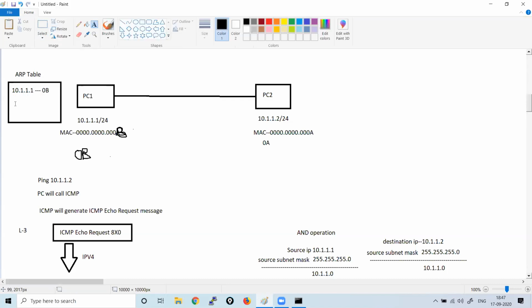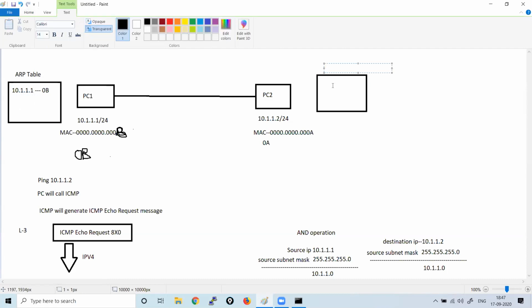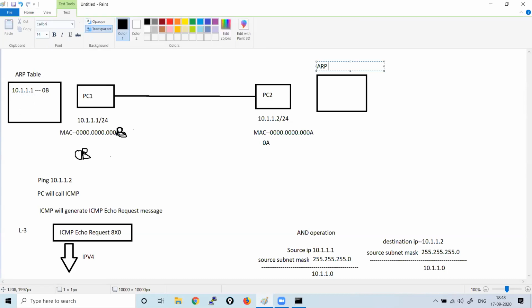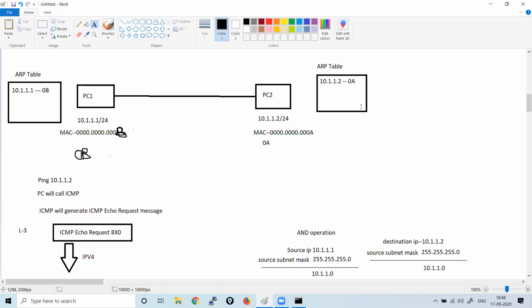So it doesn't have any destination entry, correct? In the same way, in PC2's ARP table as well, it has its own MAC, and it doesn't have any information about PC1.